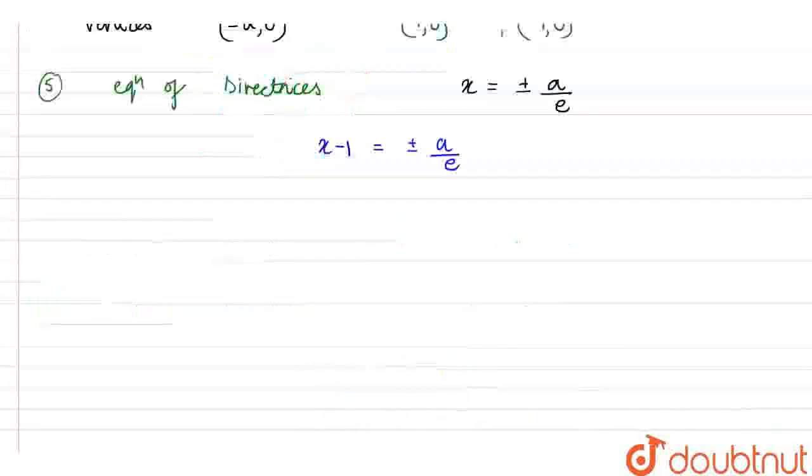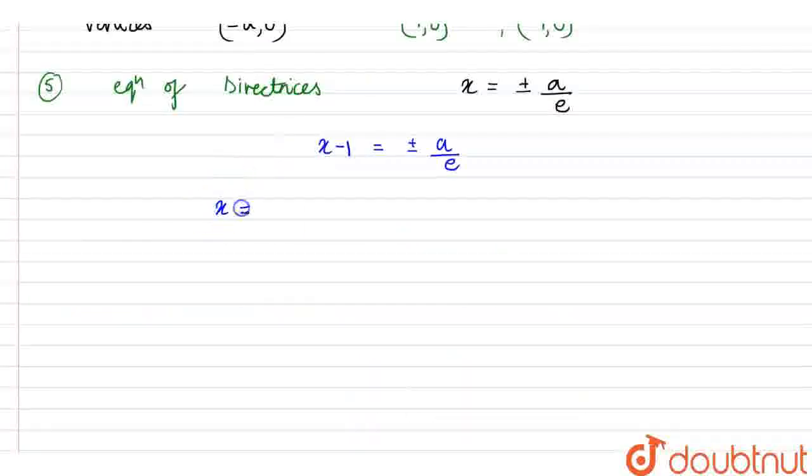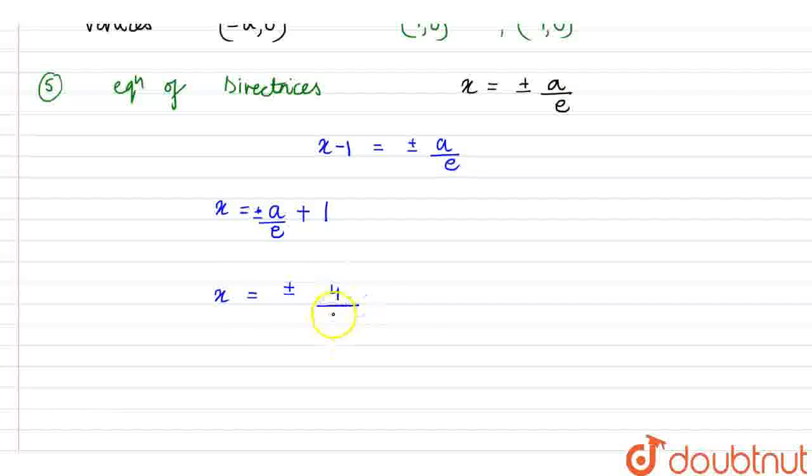Now further we can write this as x equals to a upon e plus minus plus 1, which will give us x equal to plus minus 4 upon 5 by 4 plus 1, and this gives us x is equal to 21 by 5 and x is equal to minus 11 by 5.